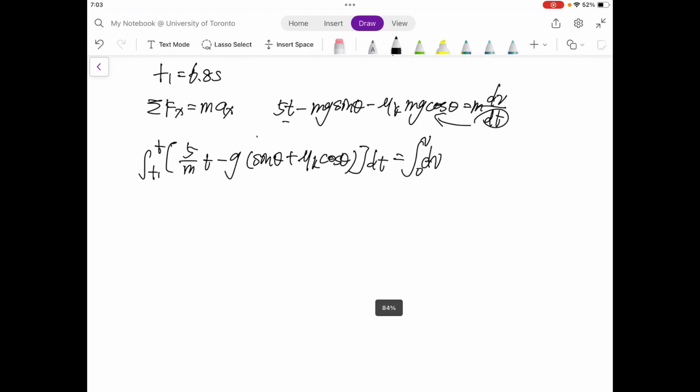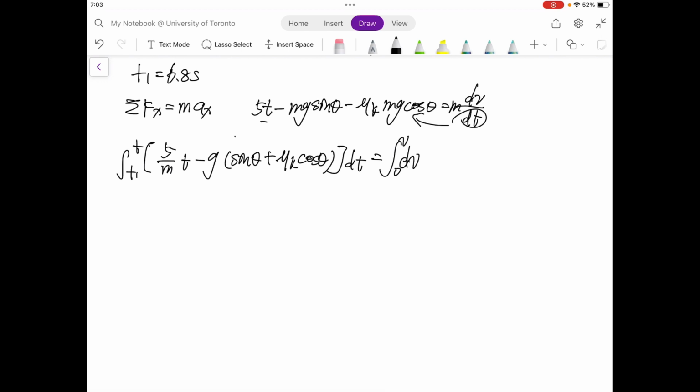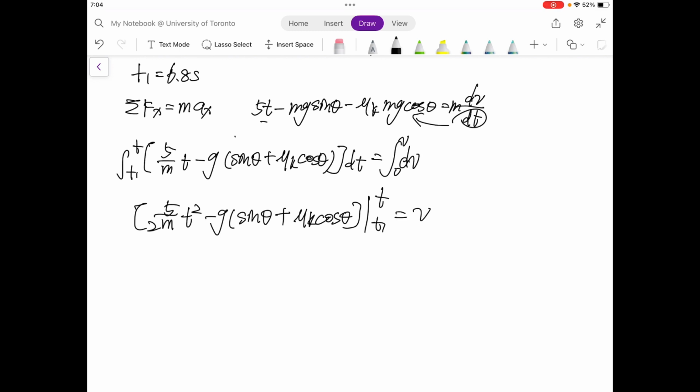So let's solve this integral. We have it from t1 to t, and the right side is just v.